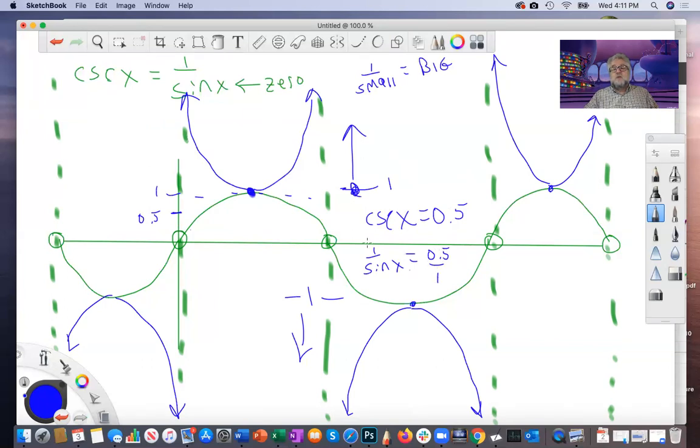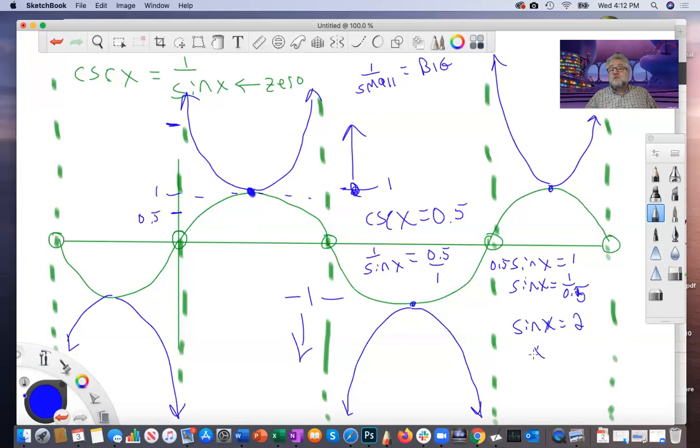And maybe I'll cross multiply so I get 0.5 sine x equals 1, divide by 0.5, sine x equals 1 over 0.5, which equals 2. Try to do inverse sine of 2 on your calculator, and you're going to get an error because 2 is up here, and the sine function only exists between -1 and 1. And so you can't solve this.